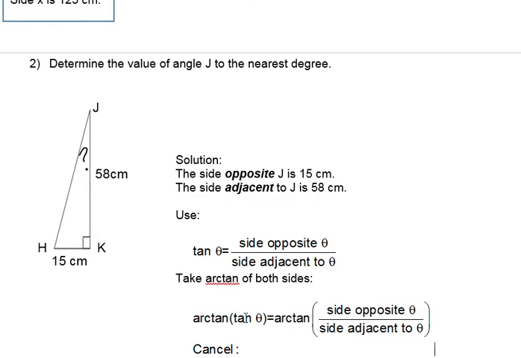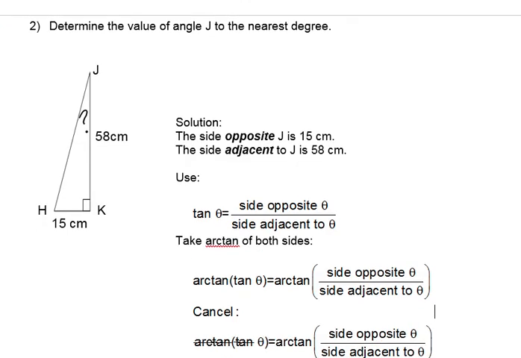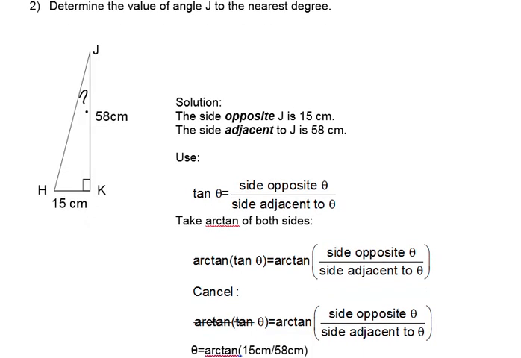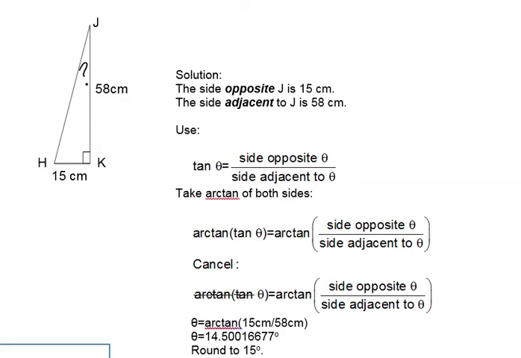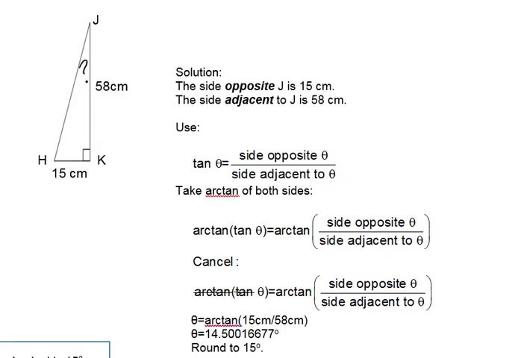Remember, arctan and tan cancel, so that'll leave us with theta on that side. Theta equals arctan of the opposite side divided by the adjacent side. We do that calculation, and this one's to the nearest degree. We get 15 degrees.